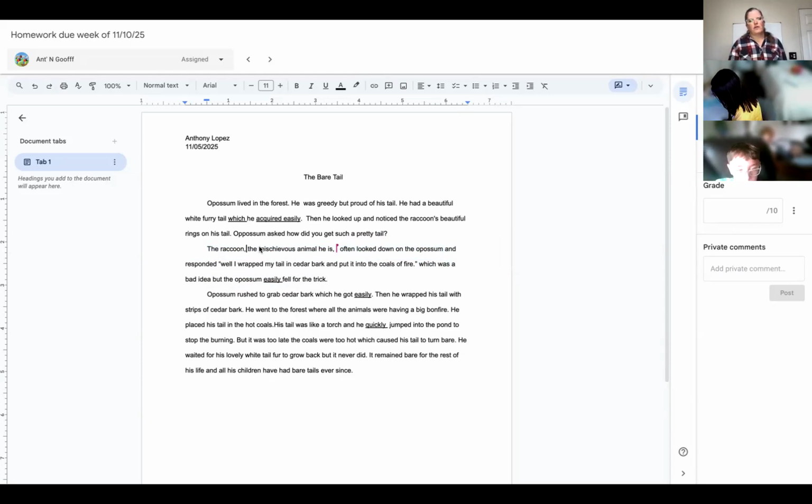I like this part of the sentence too, mischievous animal. So you could say, the raccoon who looked down on a possum was a mischievous animal. Or you could say the raccoon who was a mischievous animal looked down on a possum. Either way.